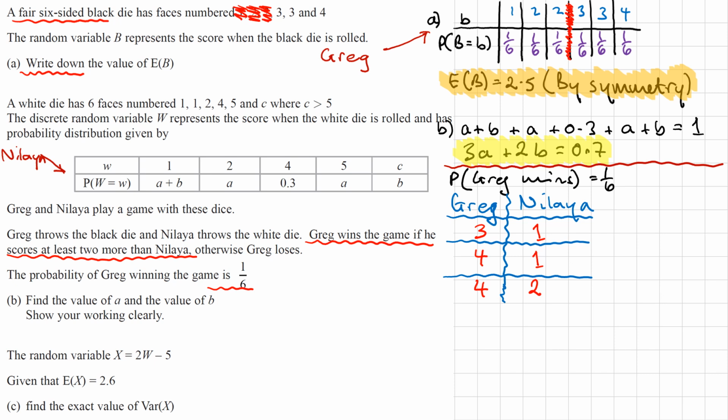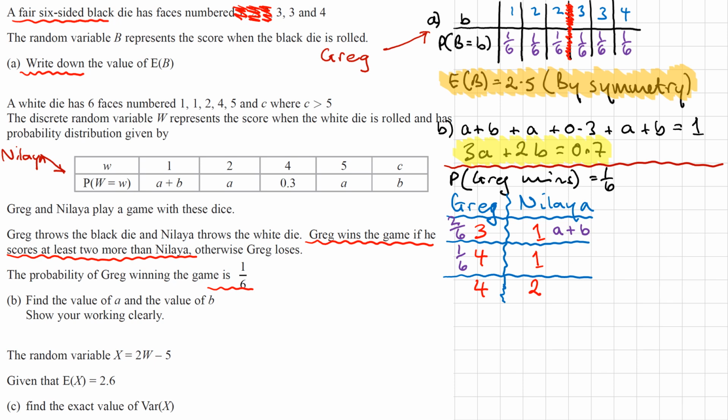Now let's write down the probabilities of these different things happening. For Greg to get a 3, there's a 2 out of 6 chance. For Nalia to get a 1, her probability is A plus B. For Greg to get a 4, that's 1 out of 6.